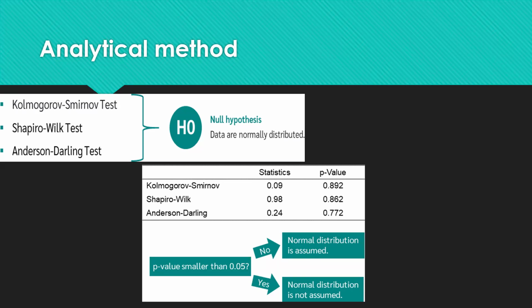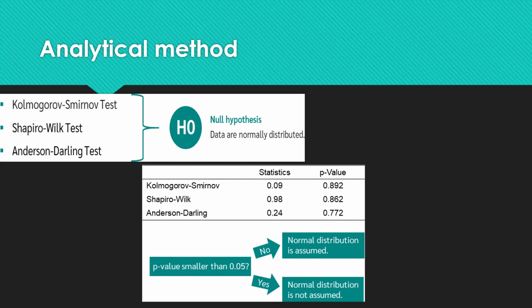When you have your data and you input it in SPSS, Excel, or other software, you are going to obtain a table, and this table will comprise these three analytical methods: the Kolmogorov-Smirnov test, Shapiro-Wilk, and Anderson-Darling.